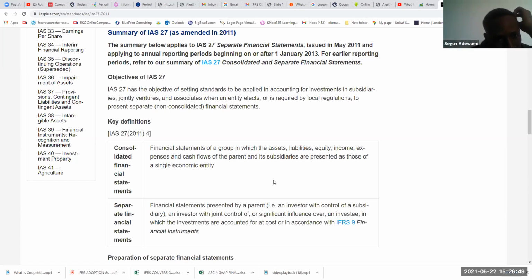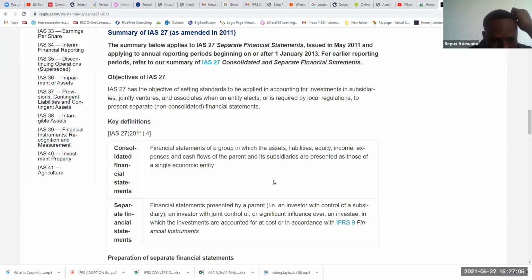Okay. Consolidated financial statements: financial statements of a group in which the assets, liabilities, equity, income, expenses, and cash flows of the parent and its subsidiaries are presented as those of a single economic entity.